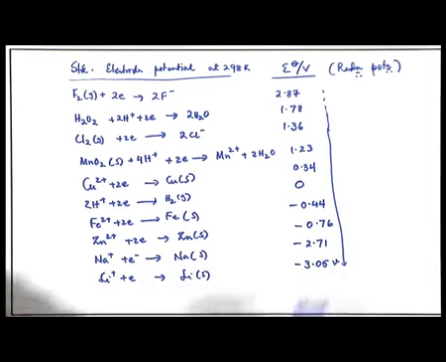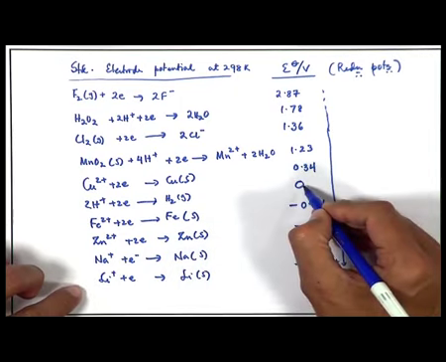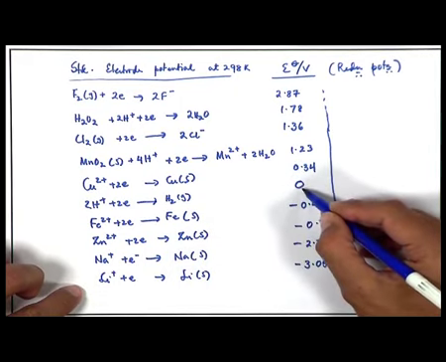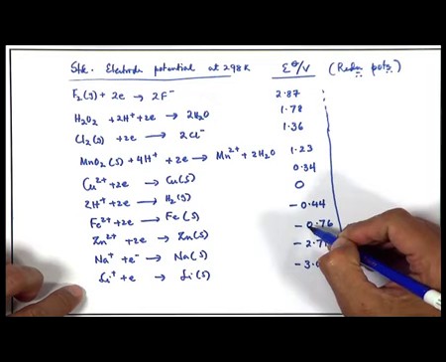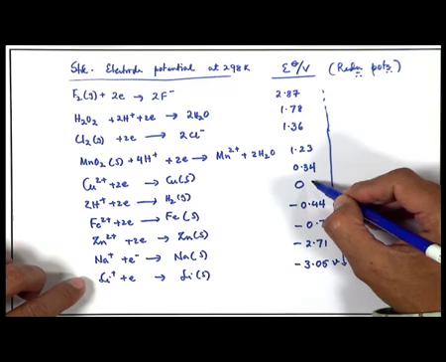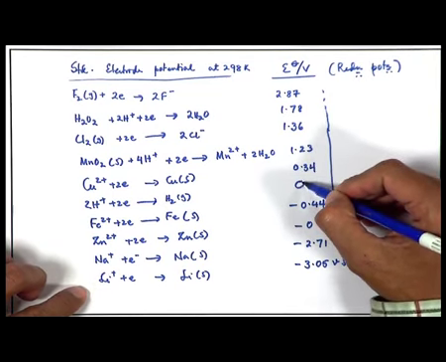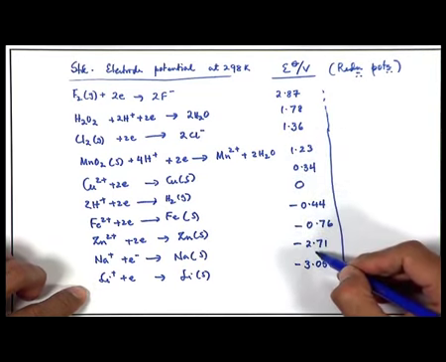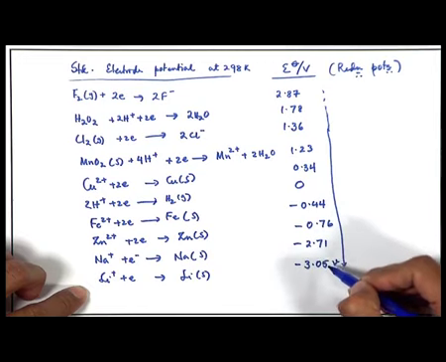A positive value of the redox couple means positive with respect to 0, negative means negative with respect to 0. So, positive means it is a weaker reducing agent compared to hydrogen. Negative means it is a stronger reducing agent than hydrogen.